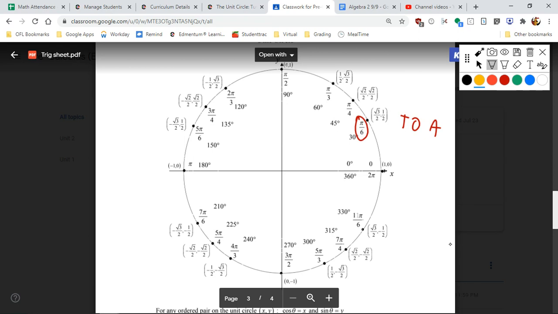My opposite is always my y value, and my adjacent is my x value. So that's usually how you're going to do this. You're going to identify your angle, then you're going to identify your x and y, and you know that tangent is always opposite over adjacent, y over x.